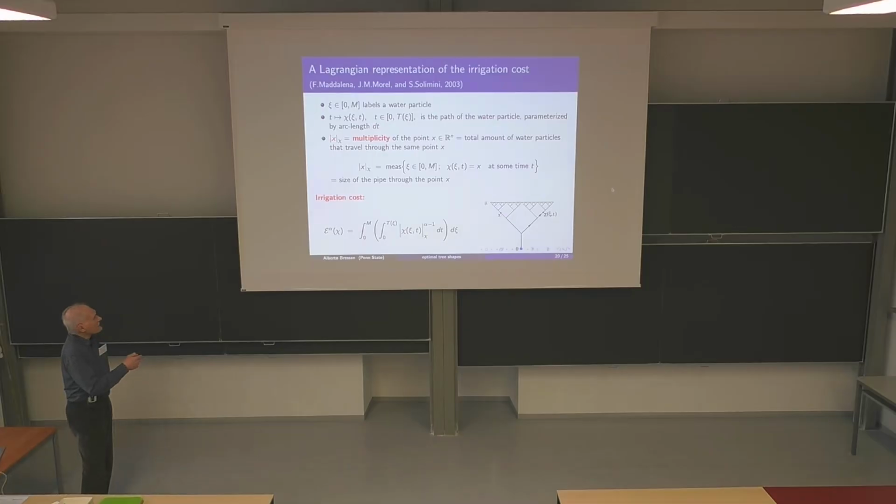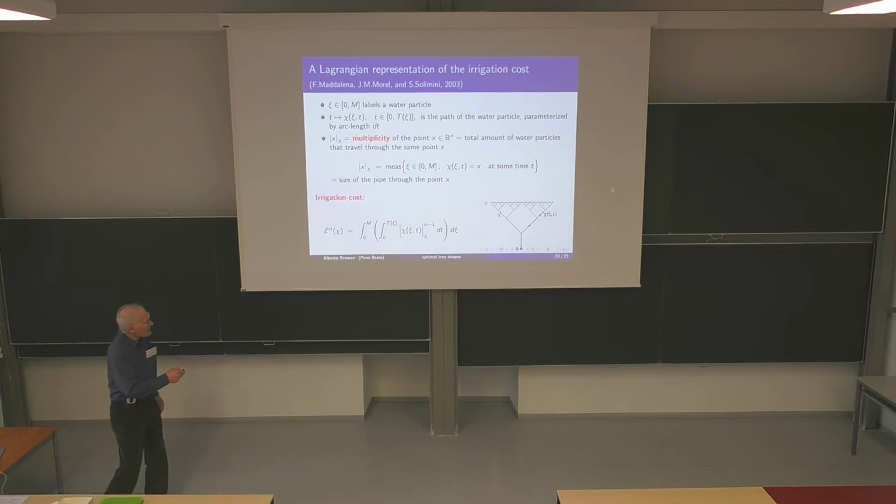Okay, so for every point x in space, we define the multiplicity as the total amount of water particles that travel through this point x. So here there are a lot, here there are less, here there are less, right? And then the irrigation cost is an integral, and here you see this thing is the multiplicity to a negative power. That means if the multiplicity is big, we pay less.